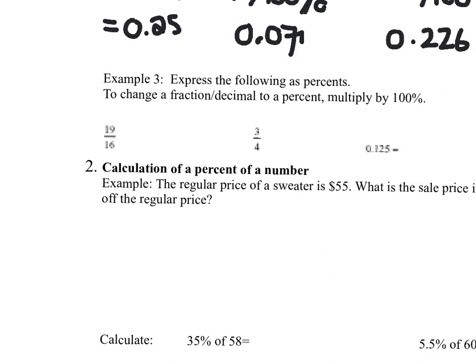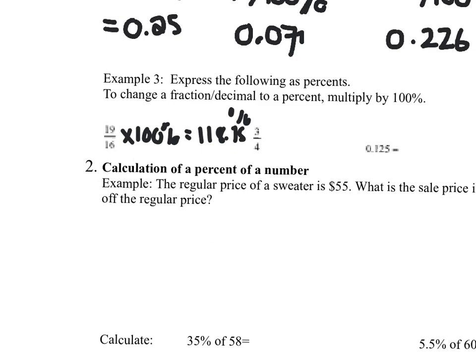So to express the following as percents, you would do 19 divided by 16 and then multiply it by 100%, which gives us a value of 118.75%.